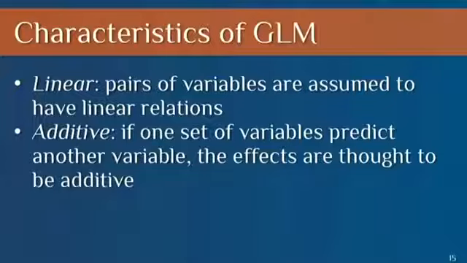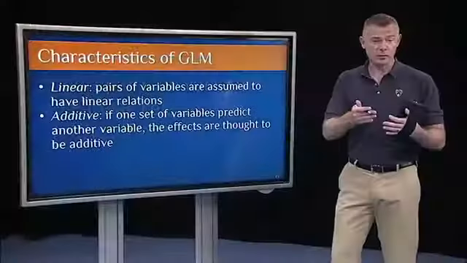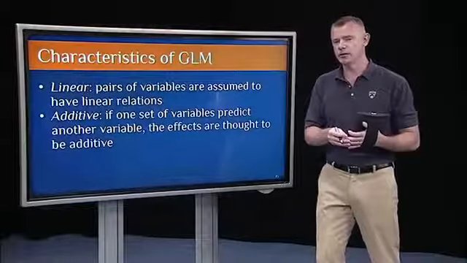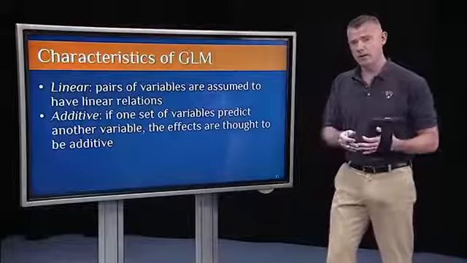The main thing to remember about it is that the framework itself is linear and additive, but we can trick it to test for nonlinear effects or non-additive effects. In multiple regression, we're going to call that moderation. In factorial ANOVA, we're going to call that interaction.